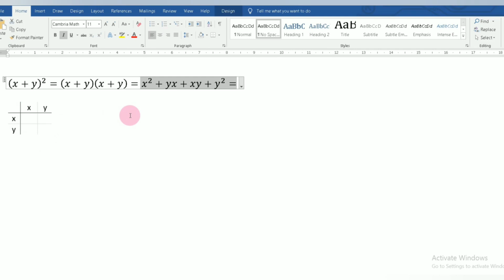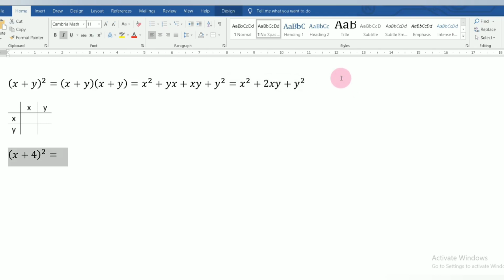In the end, you will find that it is x squared plus yx plus xy plus y squared. Since this is multiplication, we can use the commutativity axiom, so in the end, (x plus y) squared will be equal to x squared plus 2xy plus y squared.